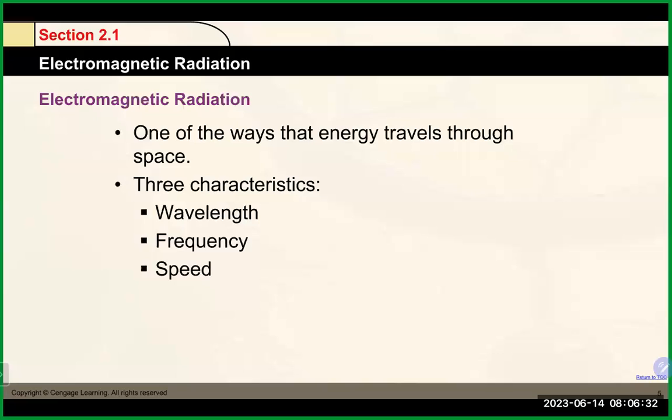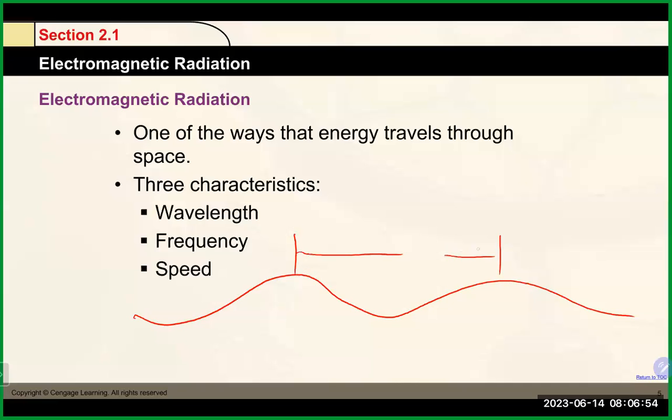So one of the ways that energy moves through space is in the form of waves. And there are some characteristics of waves. We have the wavelength, the speed, and the frequency. If we have a wave that's moving, from both peaks or both troughs, that's the wavelength, which is usually abbreviated as lambda.